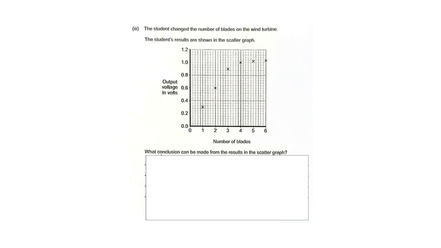The students change the number of blades on the wind turbine. The students' results are shown in the scatter graph below. What conclusion can be made from the results in the scatter graph? You can see that between 1 and 4, if you increase the number of blades, you increase the output voltage in volts.